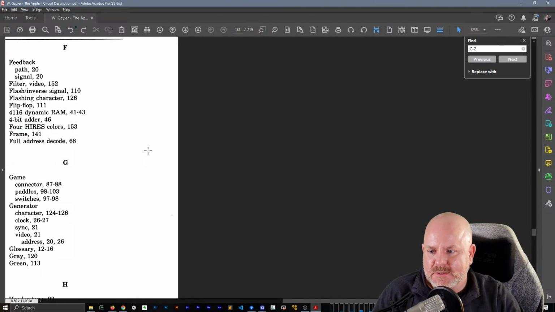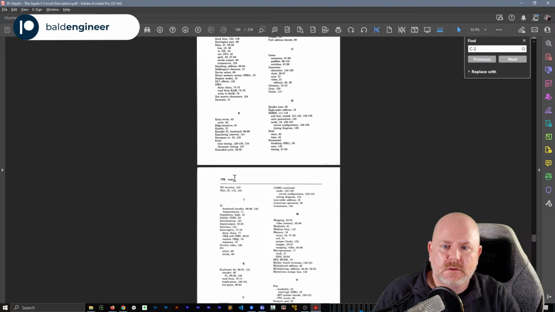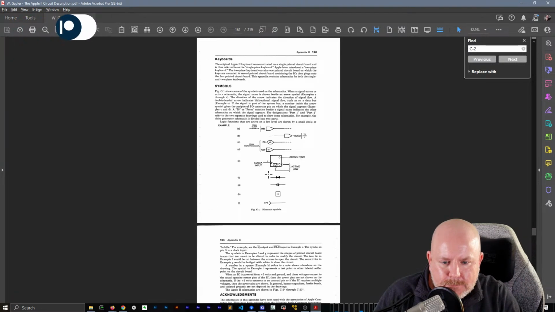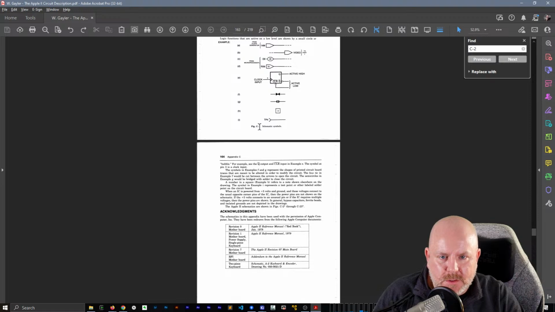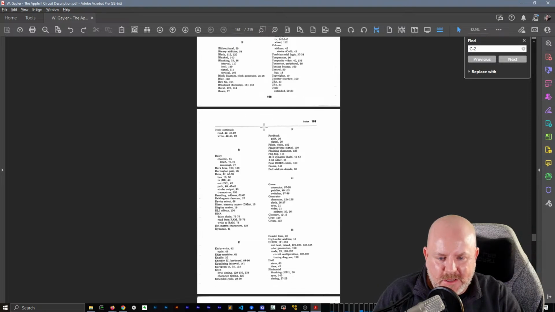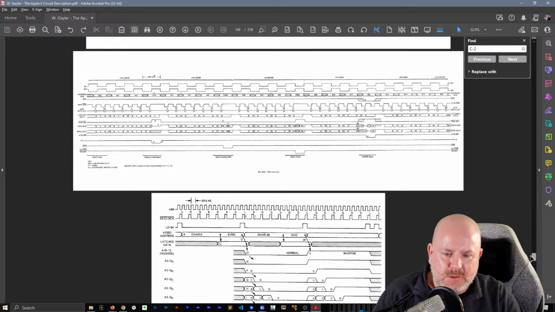Does the table of contents have a list of the figures anywhere? Well, there's C1. Okay, well, the book ends before figure C2, so what the hell?